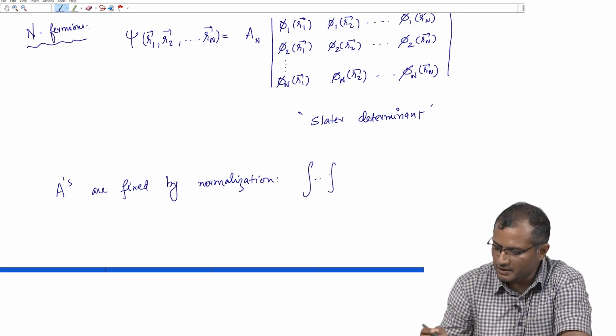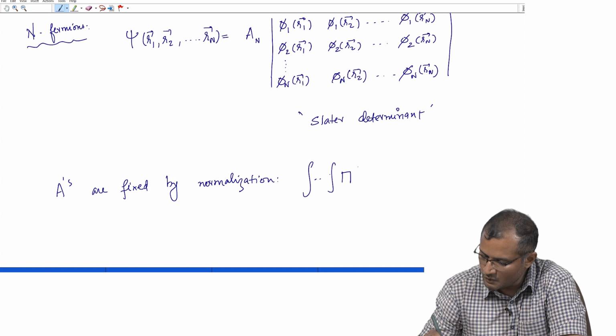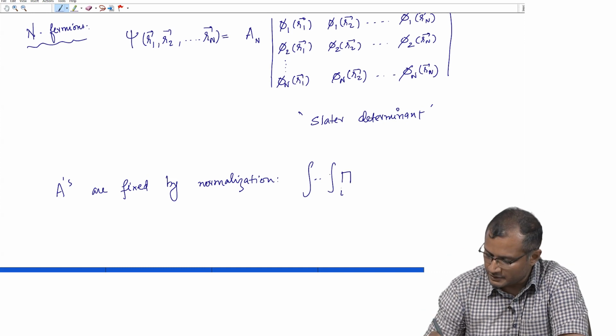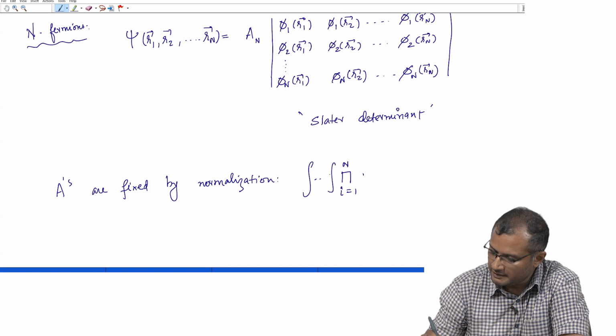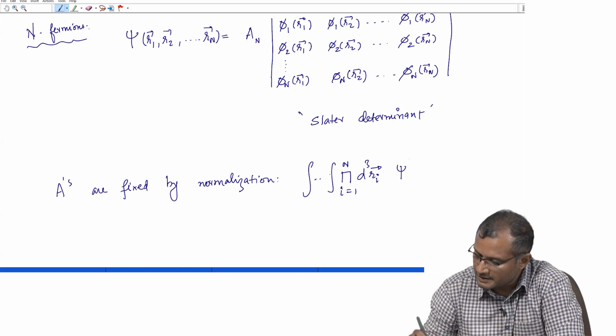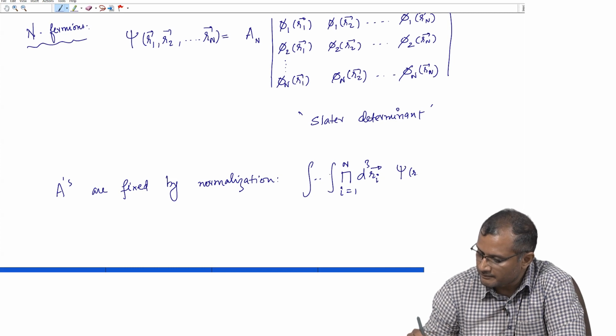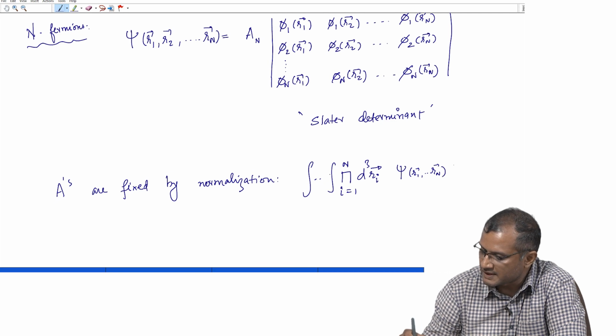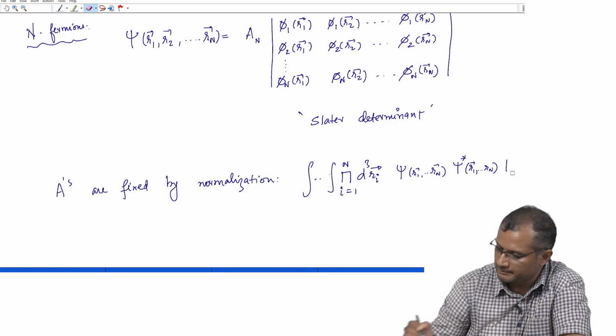that your integration over the entire volume. Okay. So, I will take volume integral, i going from 1 to n, d cube r i, psi is now the n particle wave function. Okay. Psi, psi star is equal to 1.